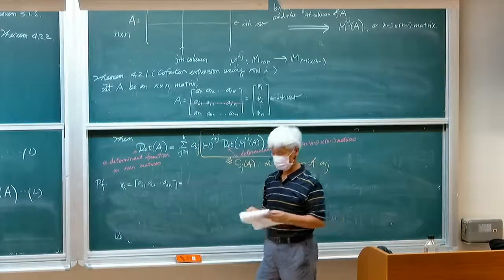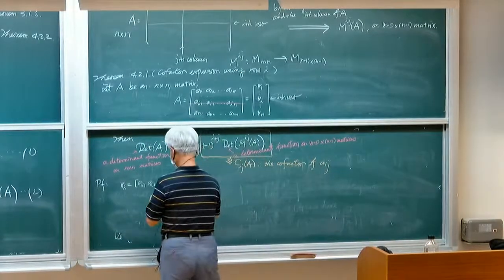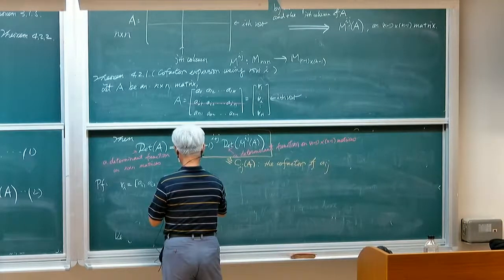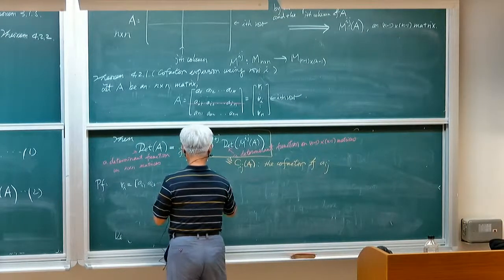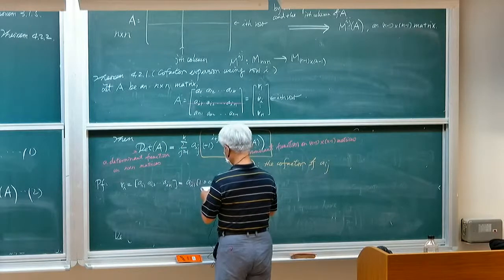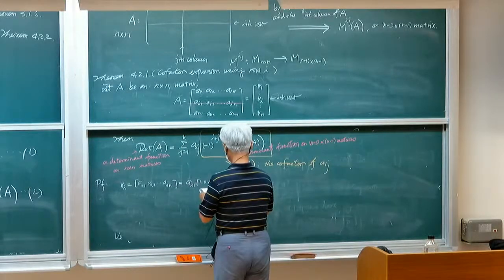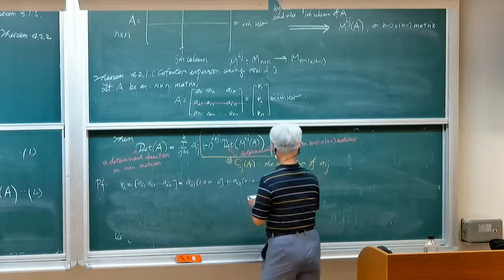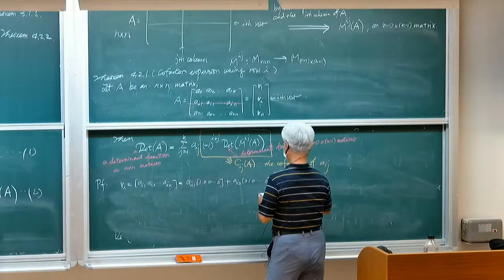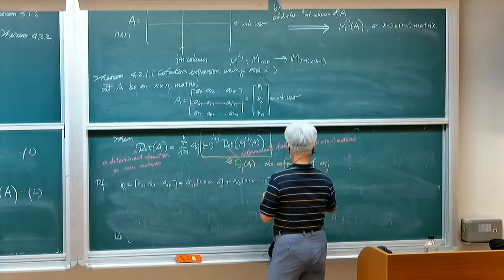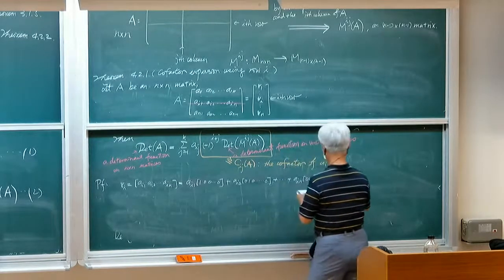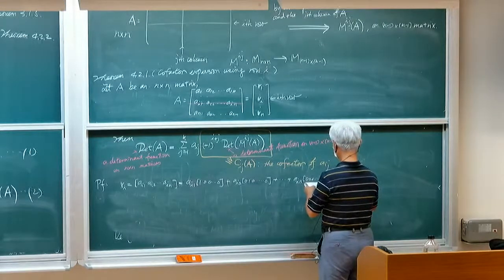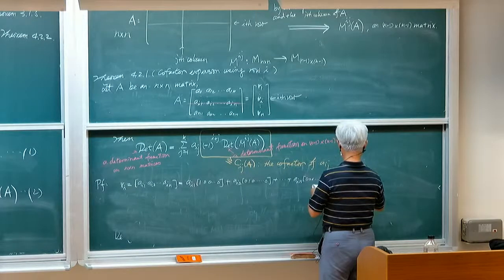So it can be expressed as a linear combination of standard unit vectors. So this is a summation j from 1 to n, Aij and Ej.